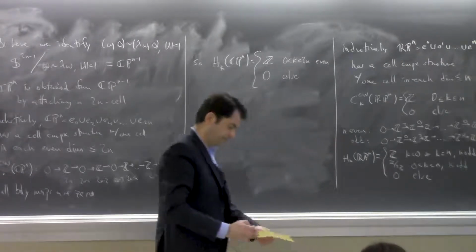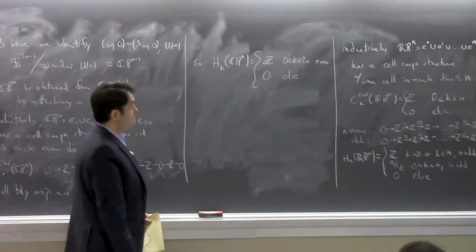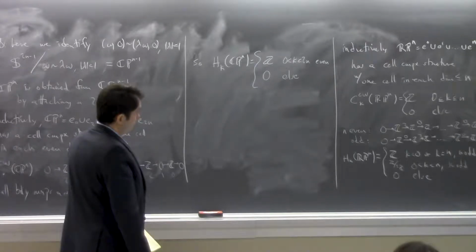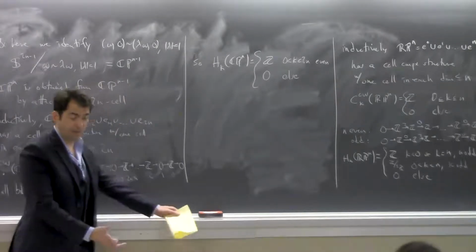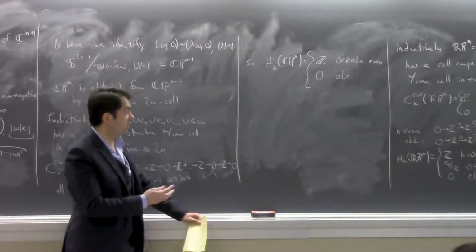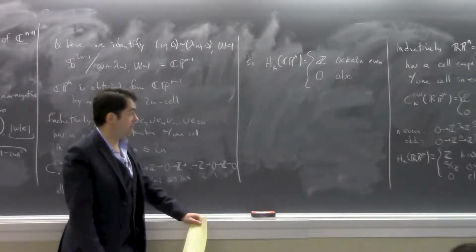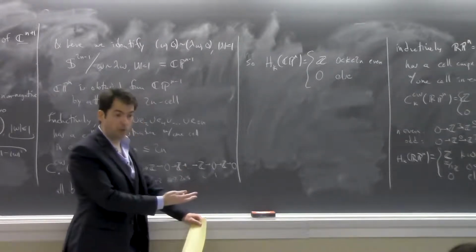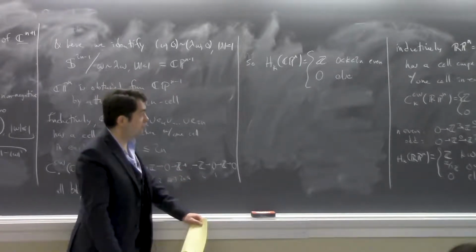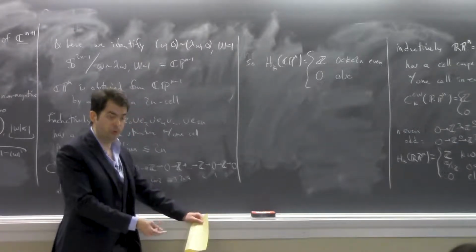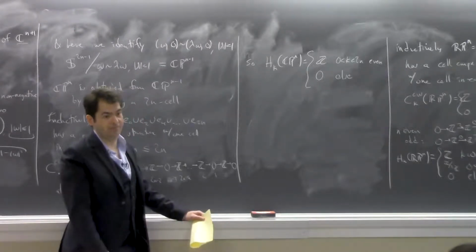So that's cellular homology. Anytime you have a space that admits a cell complex structure, you can use that structure to compute the homology, and it comes down to computing some degrees to know what the boundary maps are. If you're in the situation of having a natural cell complex structure, then usually the degrees are computable by staring, and then you're all set.